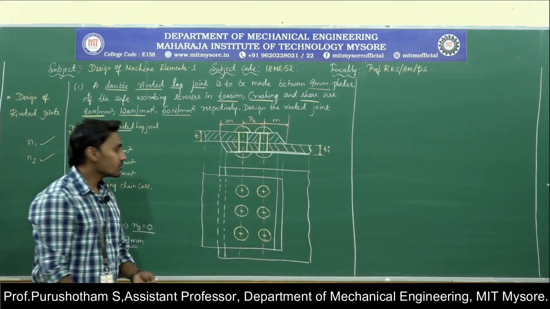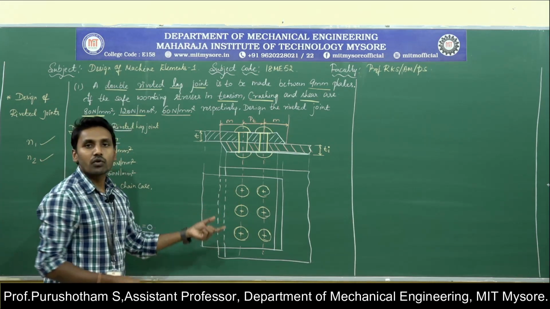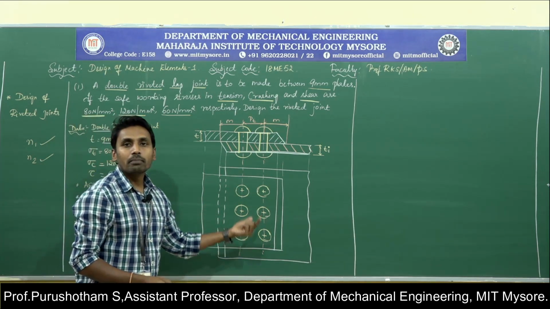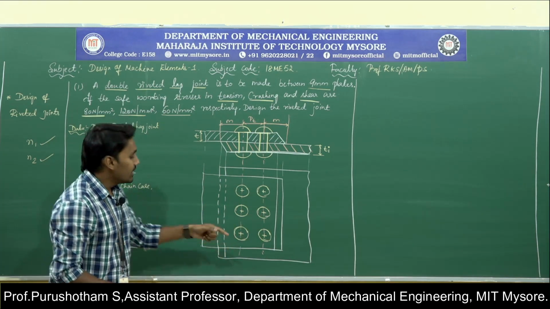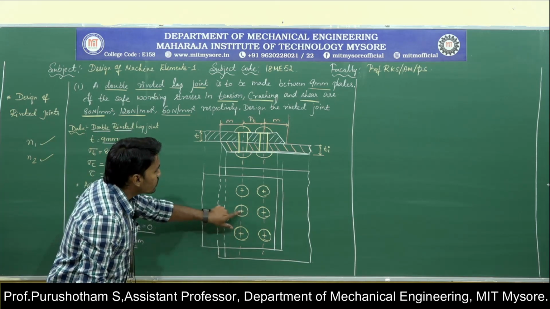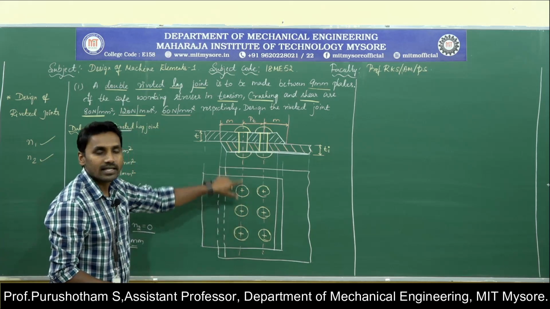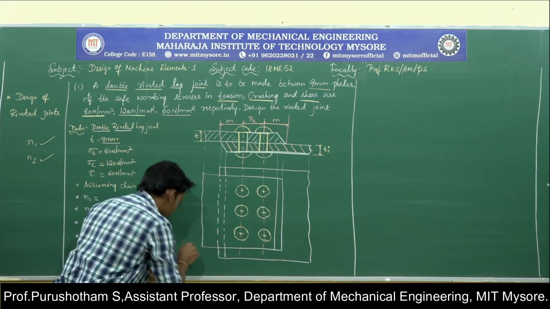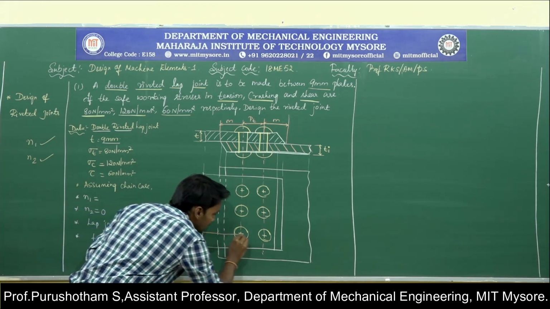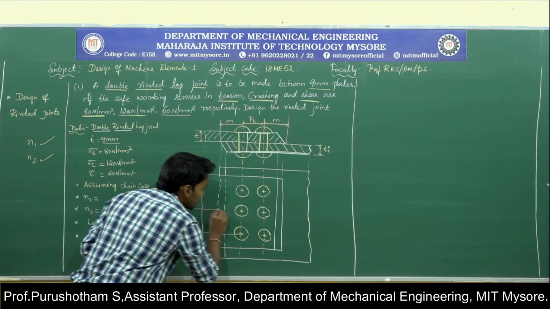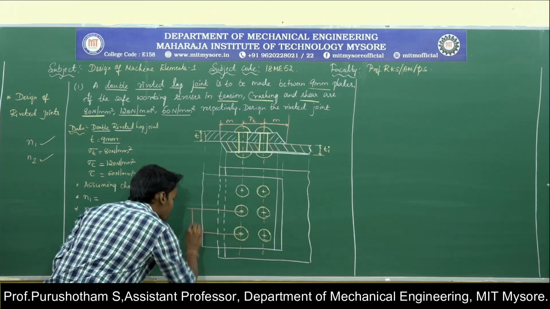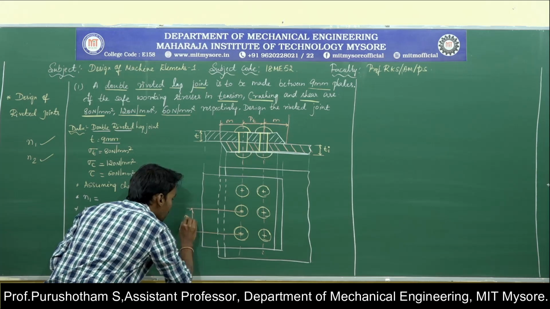Now what we need to calculate is the N1 value. To calculate the N1 value, we need to take the pitch length. Pitch means the distance between the centers of two consecutive rivets in a single row, measured from one rivet to the next.